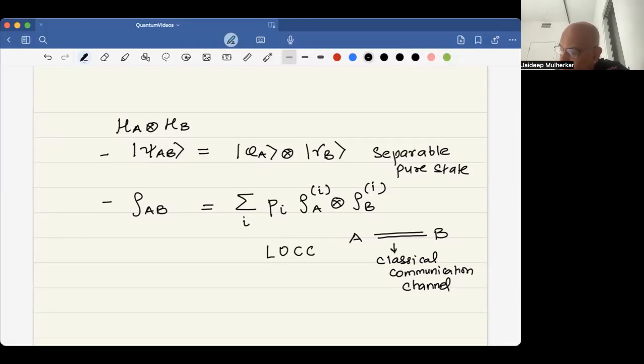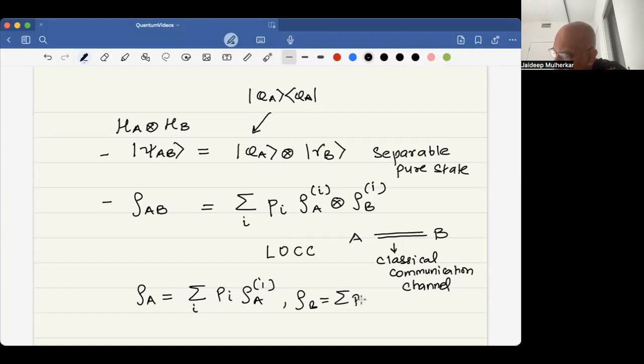In a simple case where the state is pure, the reduced density matrix of subsystem A will be just this, and similarly for subsystem B. In the case of the density matrix, the reduced density matrix of subsystem A is going to be the summation of p_i rho A_i, and rho B is going to be the summation of p_i rho B_i.